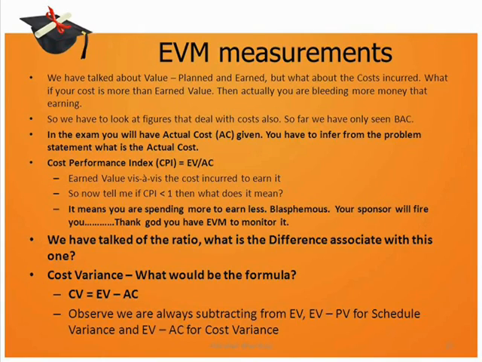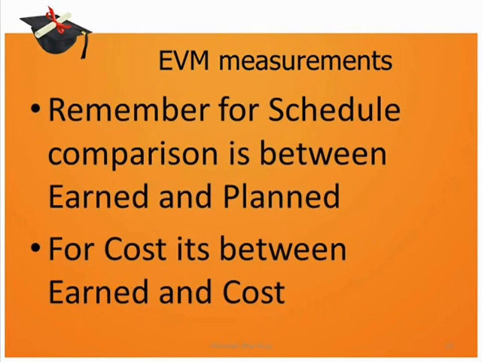And for the differences similarly, the value that is being subtracted from EV would be PV or AC for SV and CV respectively. For schedule, remember the comparison is between earned and planned, whether it is a ratio or a difference, and for cost, the comparison is between earned and cost, both in ratio and difference.